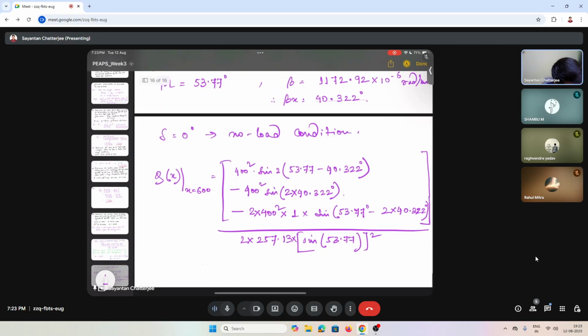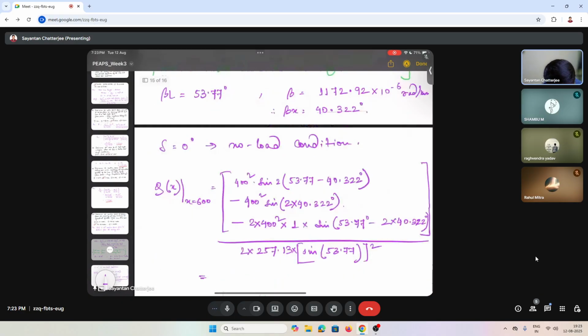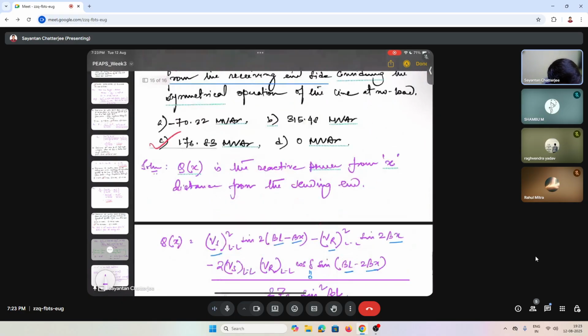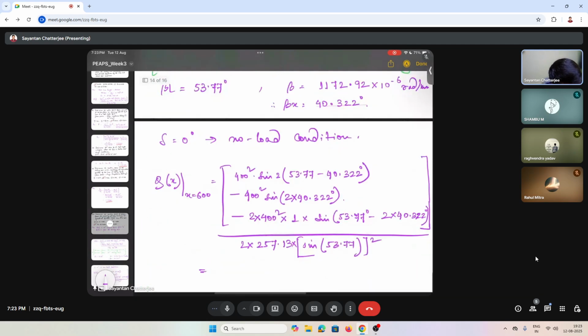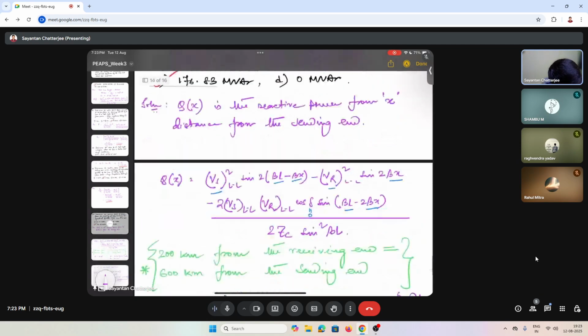This will yield the final value, and it will be 176.83 MVAR.